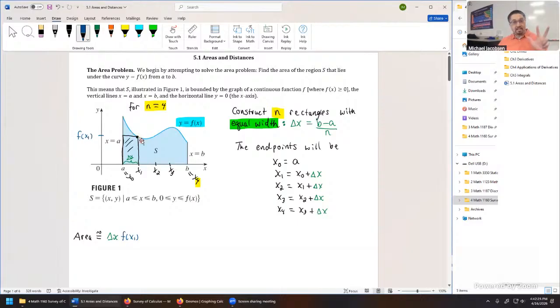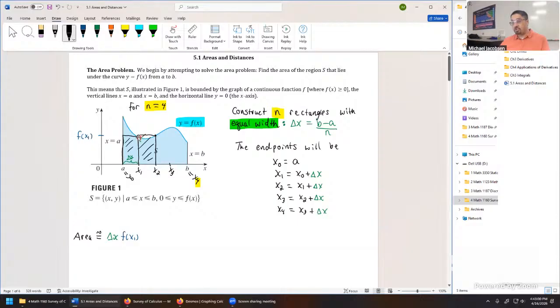and then we have 3 more rectangles because we're doing a picture for 4 approximating rectangles. So just repeat the process. Again, imagine these are perfectly equal widths. x2, the next endpoint, comes up, hits the curve at a height here, and that's going to be the new rectangle. Hits the curve here, here's the height, comes down, and that's the next rectangle.